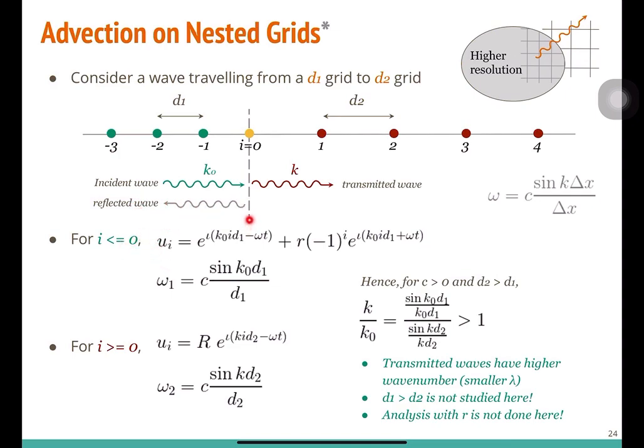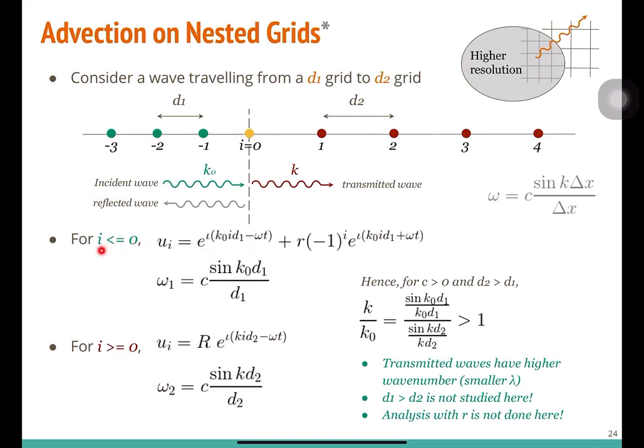We set the index I equals 0 at the wall, and the indices with negative numbers are in the higher resolution, and the indices with positive numbers represent the lower resolution outside. Okay, so if we have the signal, what change will we have? It's influenced by the change of this resolution. Okay, it's totally due to the method. It's not because of the physics.